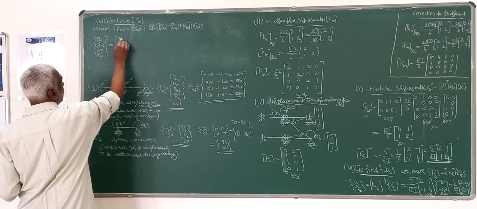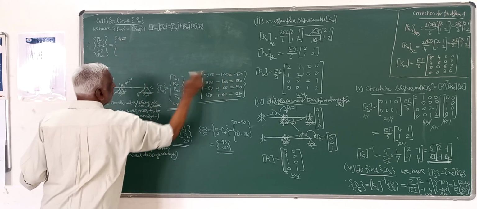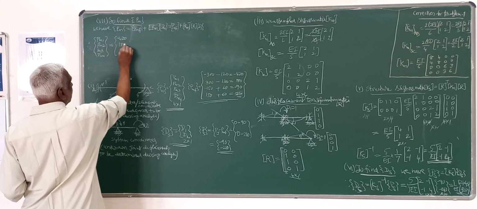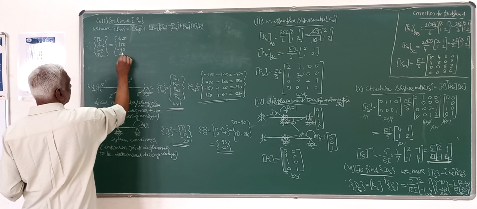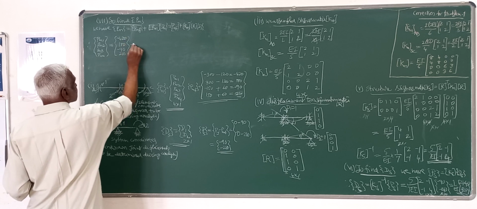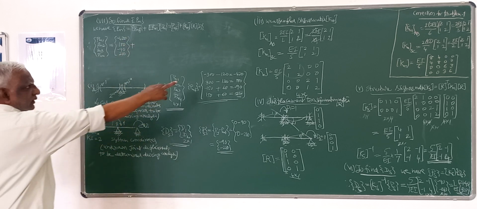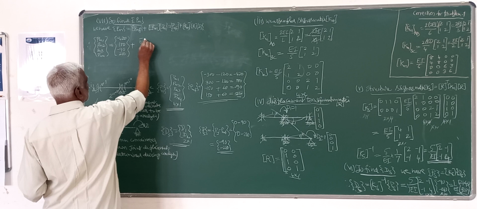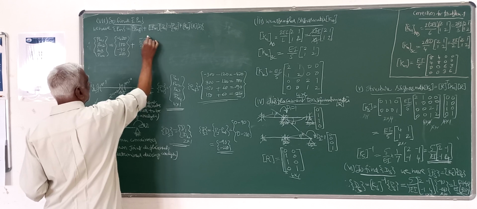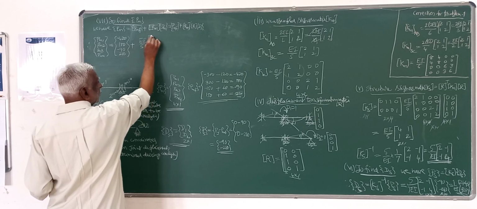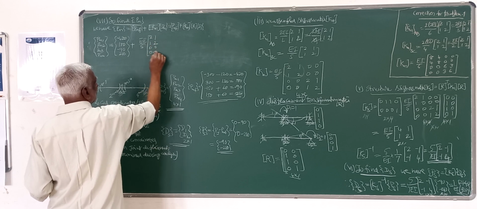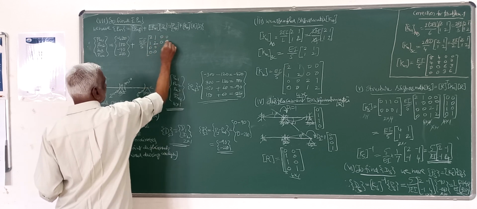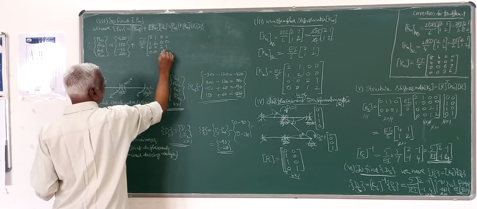That is minus 420, 180, then minus 90, then 210, plus Km that we have already generated, that is EI by L, with entries 5, 2, 1, 1, 2, 0, 0, 0, 0, 0, 2, 1, 1, 2.